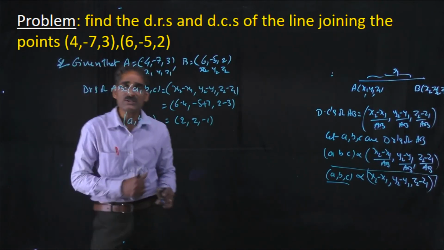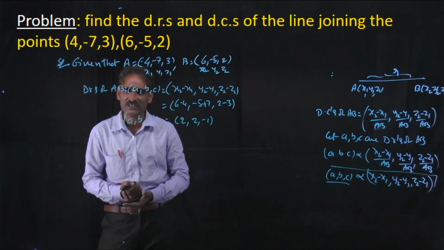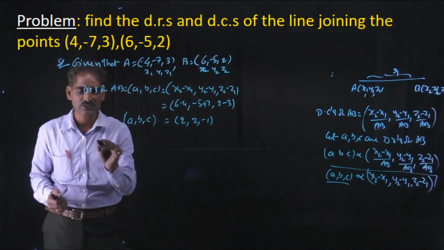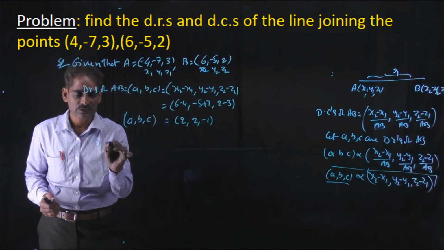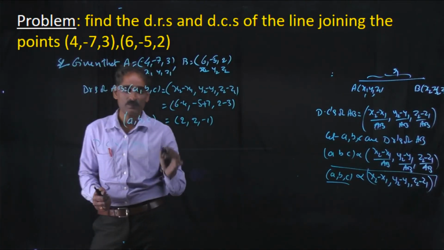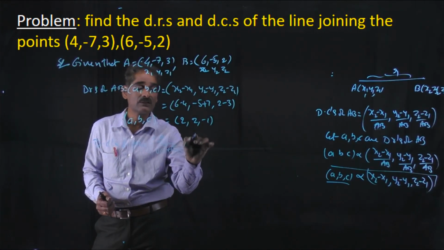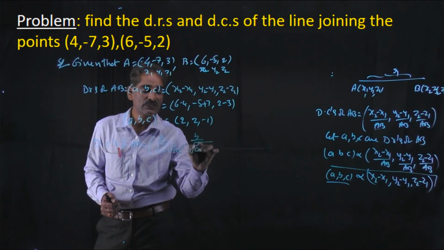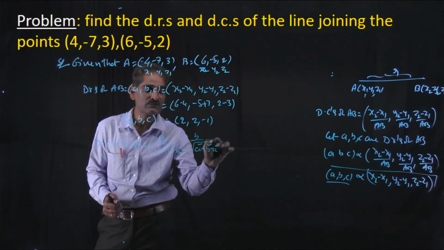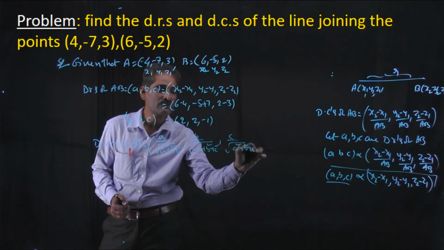Okay, what are the DCs? Simply, if you know A, B, C are the DRs, what is the formula for DCs? The DCs of AB are A by root of A square plus B square plus C square, B by root of A square plus B square plus C square, and C by root of A square plus B square plus C square.